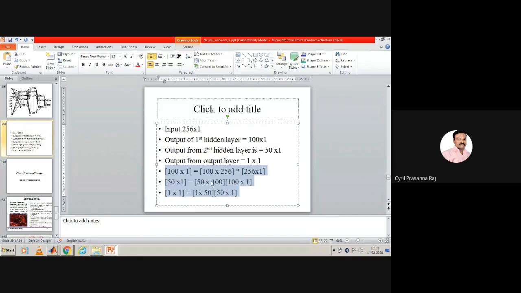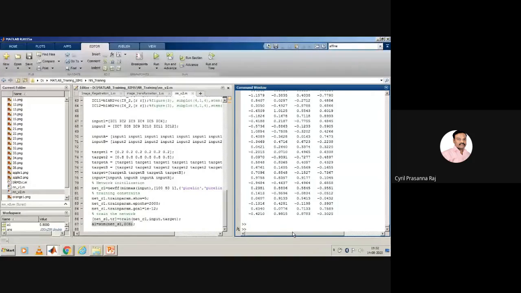Now to know what the 100 cross 256 weights are, I have gone to MATLAB. I'll type hidden layer 1 weight equals net_S1.IW 1 comma 1.